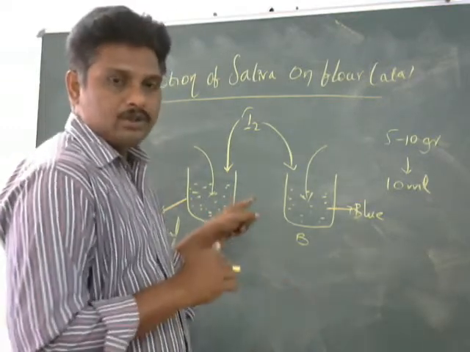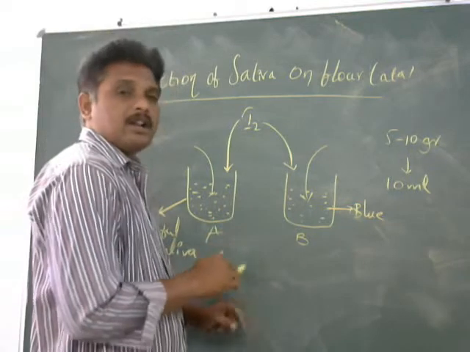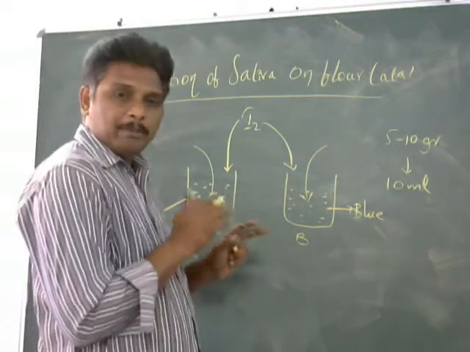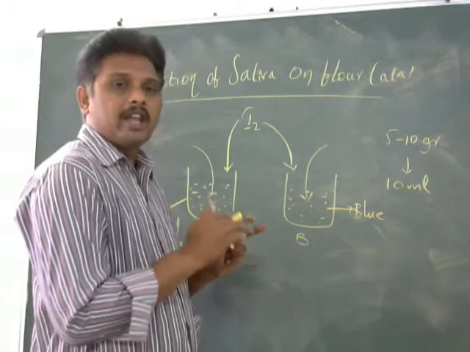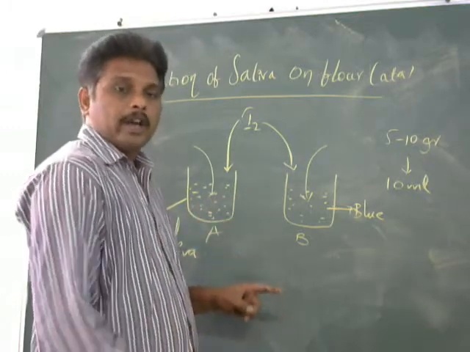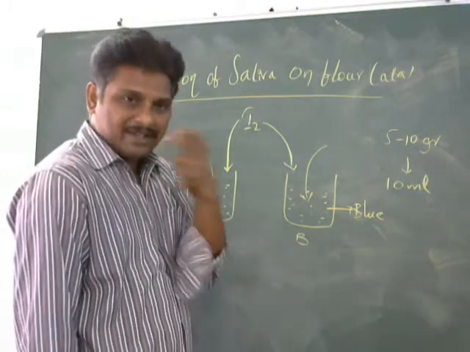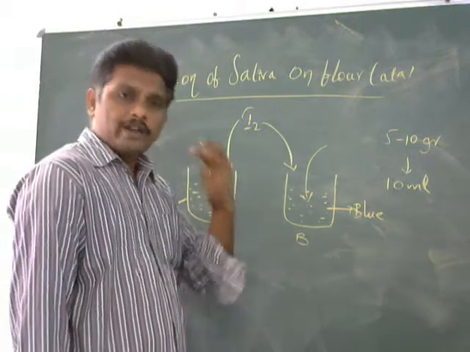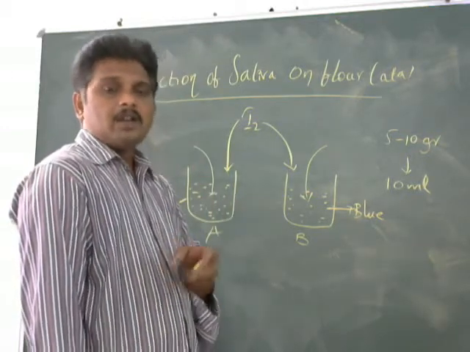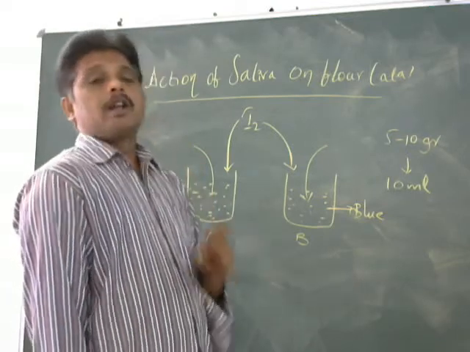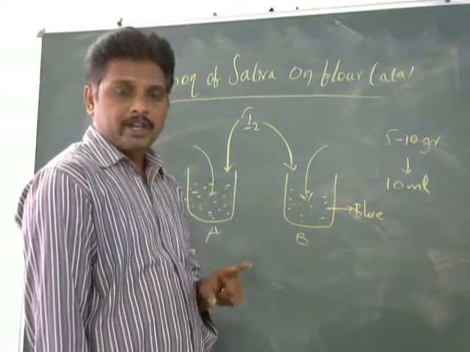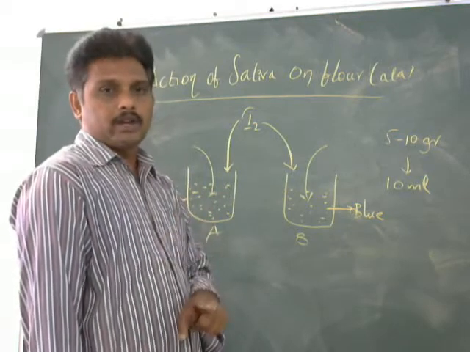With this we can say that the enzyme present in saliva, which is called ptyalin or salivary amylase, during the process of mastication, when food is mixed with saliva, acts upon starch material and converts it into dextrose sugar.